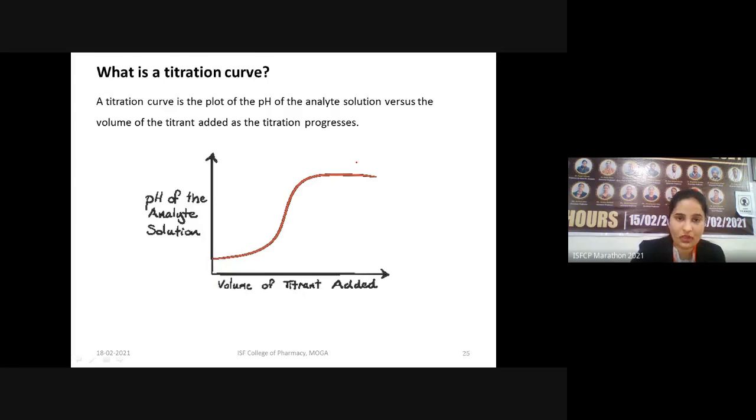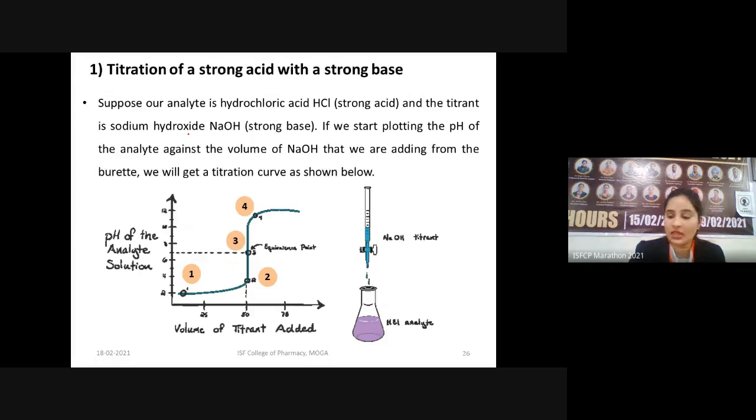So this type of graph we will be getting in three types of titrations, and we will discuss them one by one. The first one is the titration of a strong acid with a strong base. So what happens during the titration of a strong acid and a strong base? We take both the analyte and the titrant to be of strong strength.